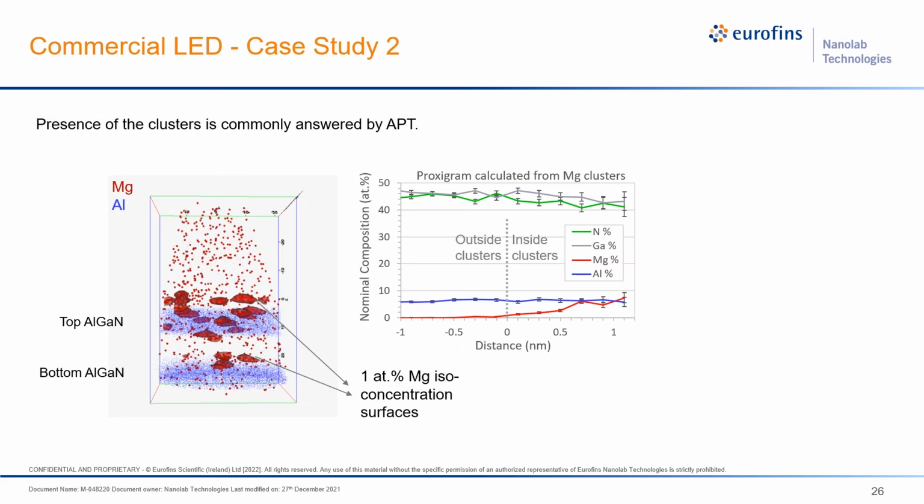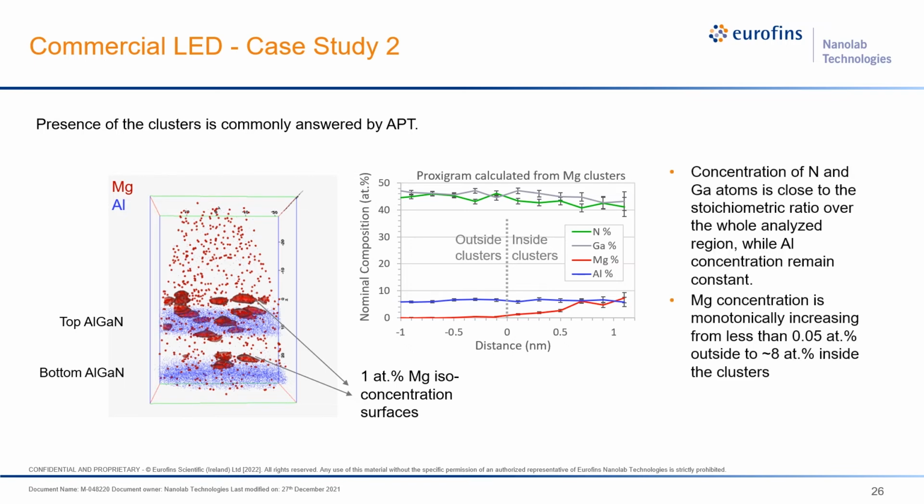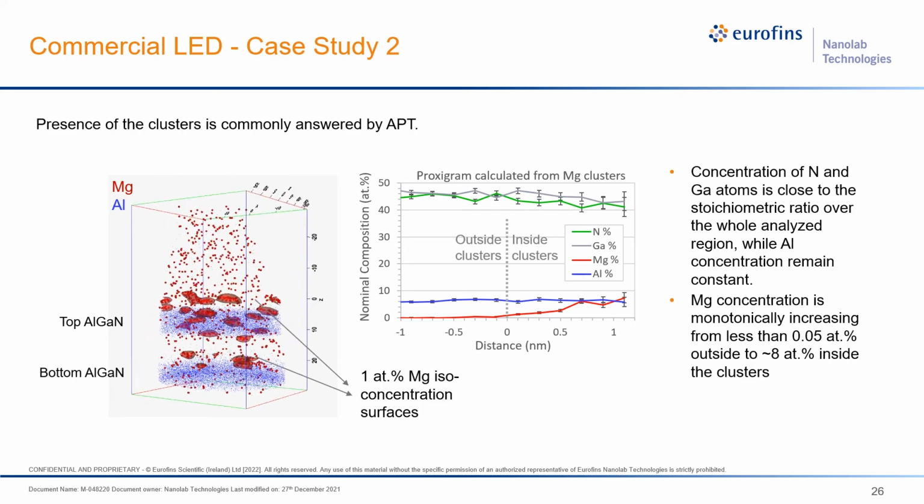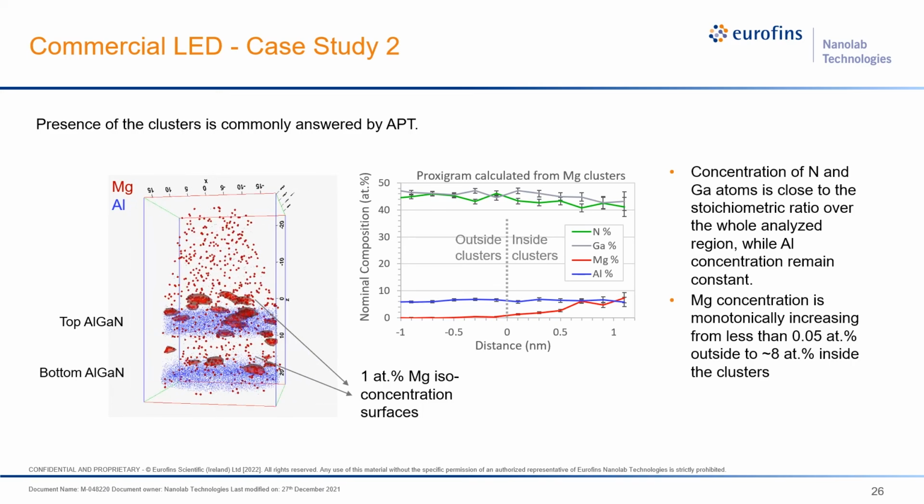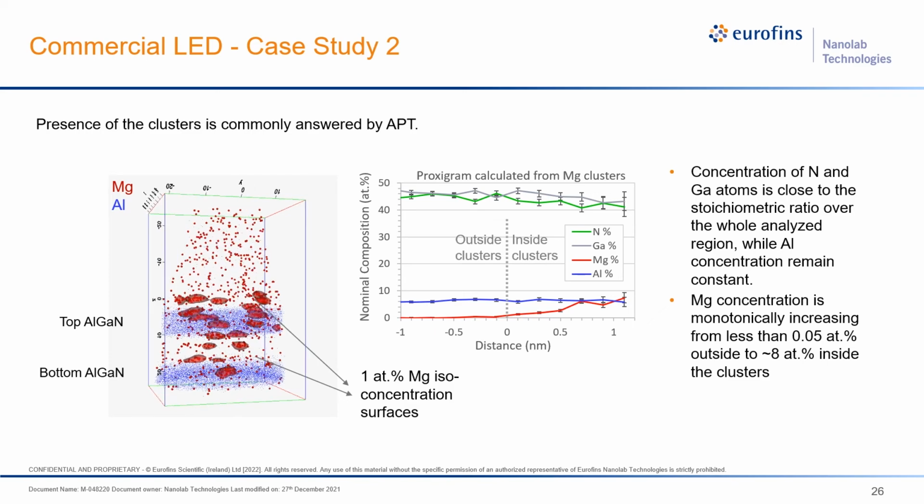So when you look at these isoconcentration surfaces of magnesium, which is 1 atomic percent right on the surface, we can see that as you go from outside the cluster to inside, the magnesium amount gradually increases until it reaches about 8 atomic percent, which is a very high amount inside these clusters. And we can see that these clusters are present not only in 1D, but also in 2D and in 3 dimensions.